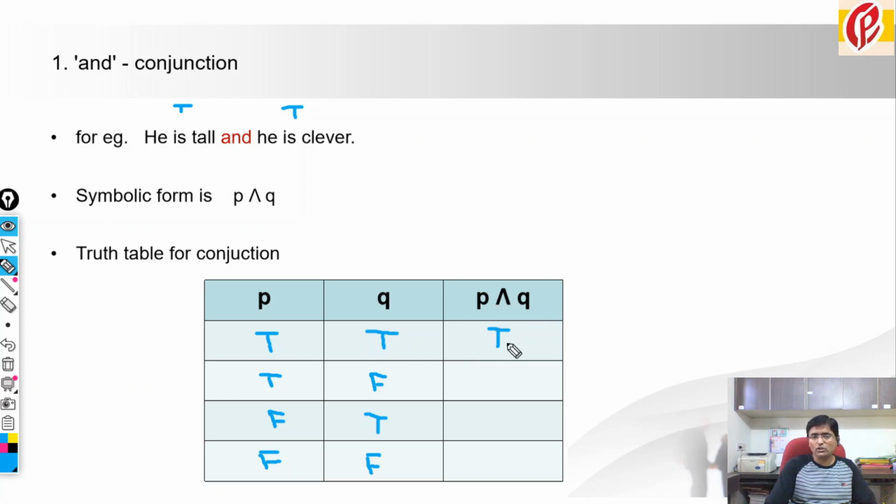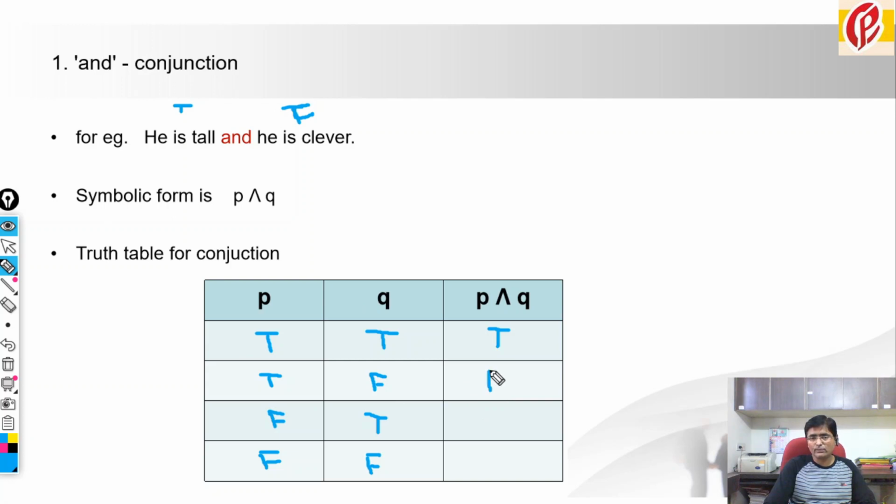So P and Q is true. Suppose one of them is false, first is true and second is false, or if first is false and second is true, or both are false, then this whole statement is false.